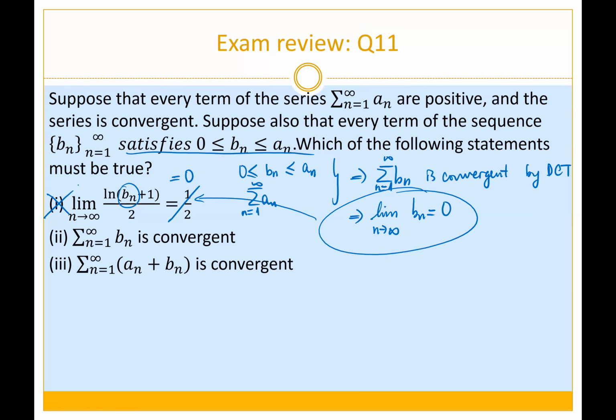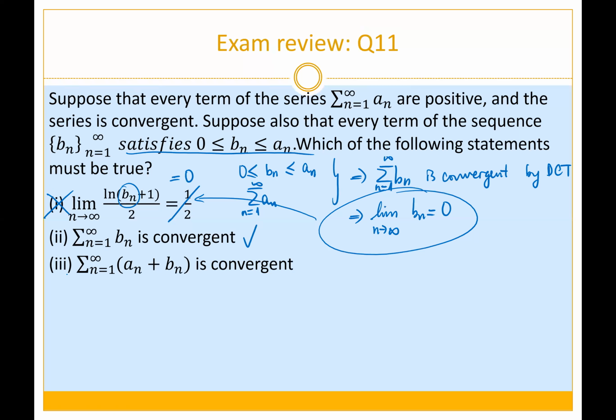Before I go to the next questions, any questions so far? Okay. So the second one, we already did it, is convergent by direct comparison test. So this is correct. And then number 3, we have the sum of the series of An plus Bn. Now both of them are convergent.